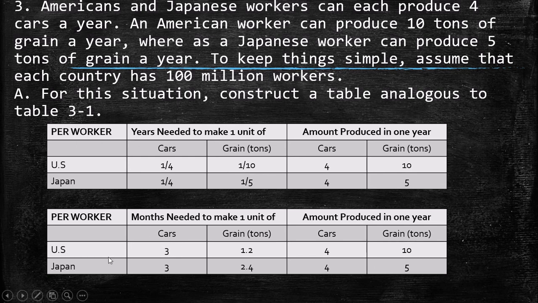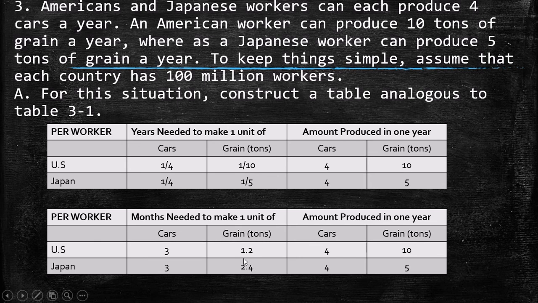So if you divide 12 by 4, we have 3. It means that 3 months are necessary for producing 1 car. This is the same result for Japan. On the other side, we have 12 divided by 10, which means that 1.2 months are necessary to make 1 ton of grain.